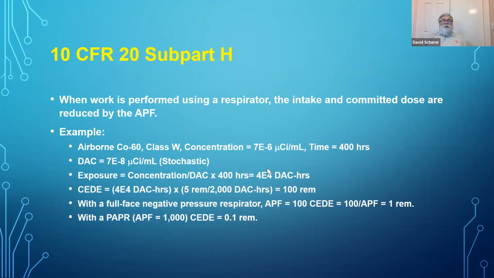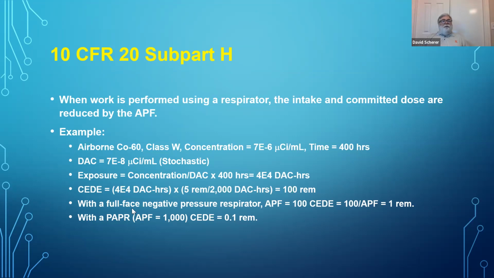That gives us 40,000 DAC hours, 100 times 400. So the dose equivalent without a respirator would be 40,000 DAC hours times 5 rem for each 2,000 DAC hours. That would be 100 rem effective dose equivalent to that person. The big dose, far above the 5 rem limit.